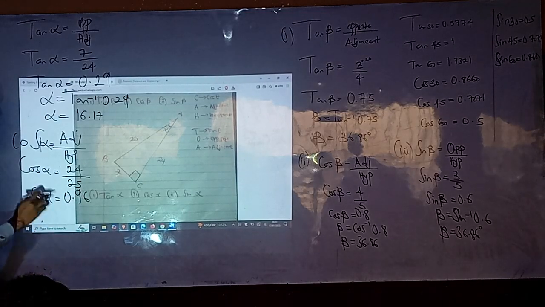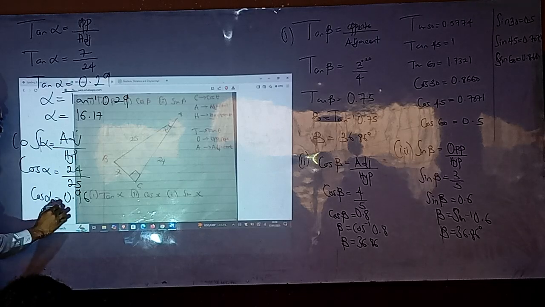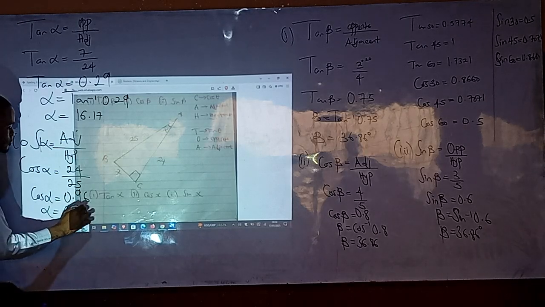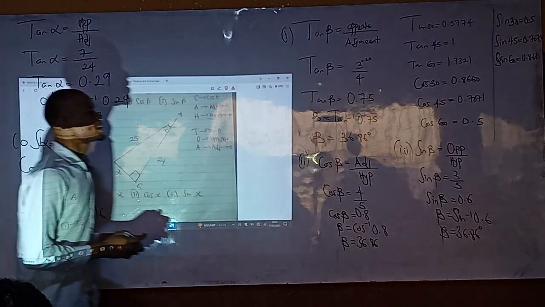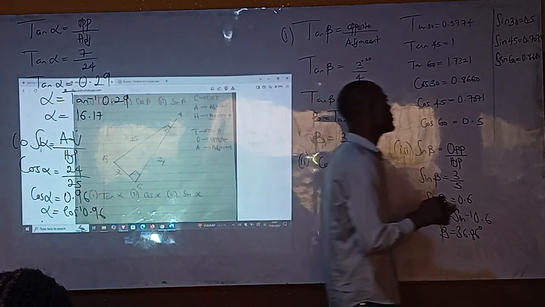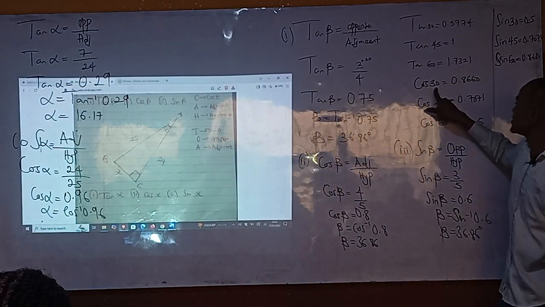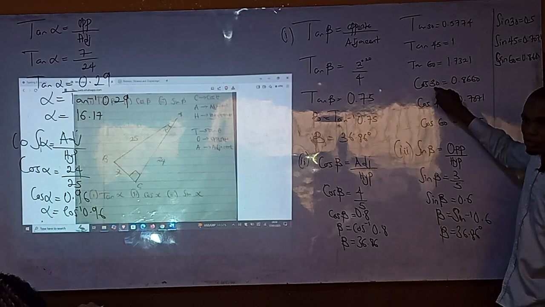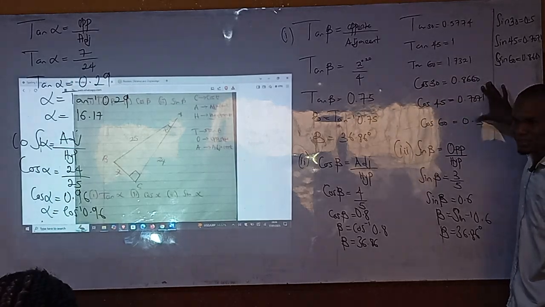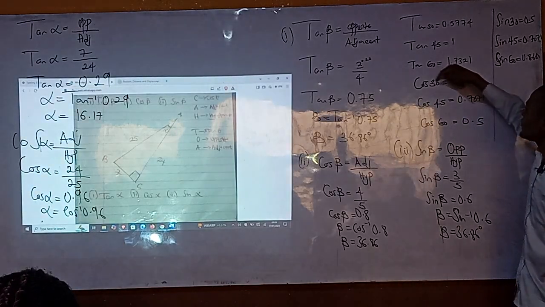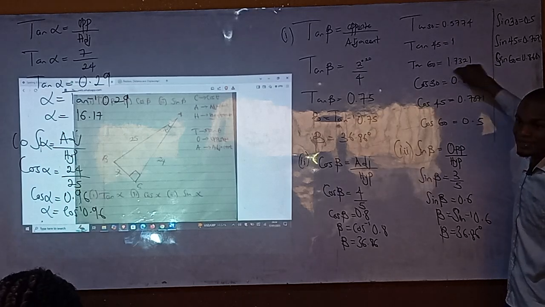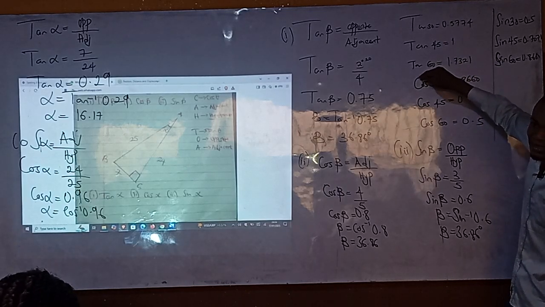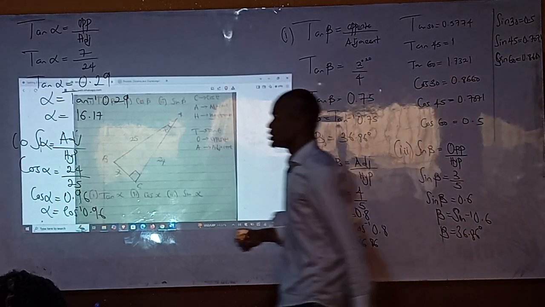That's it exactly. Okay, take it to the other side. That's cos alpha 0.96. When you check here, cos 30 is 0.8660, and cos 45 is 0.7071. When the value here is increasing, this value here is decreasing. So 0.96 will be before 30, around 20 something.